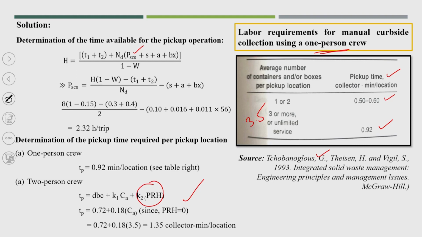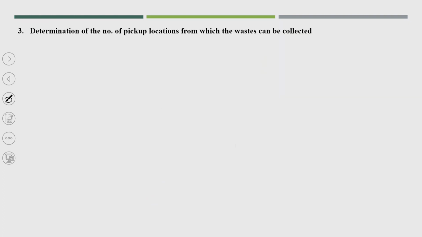Here Cn is 3.5, the number of containers at each location: 0.72 plus 0.18 multiplied by 3.5. So, the TP value is 1.35 collector minute per location. Now we calculate the number of pickup locations.